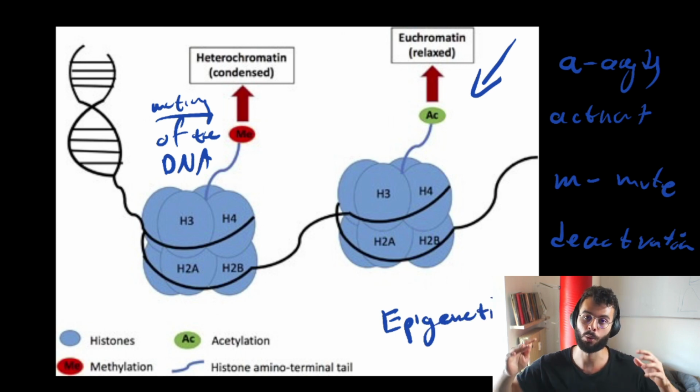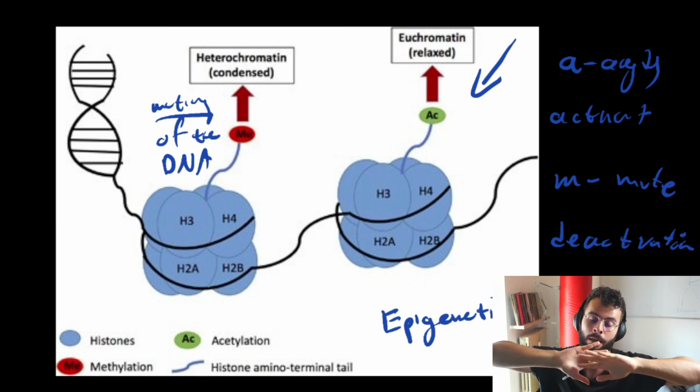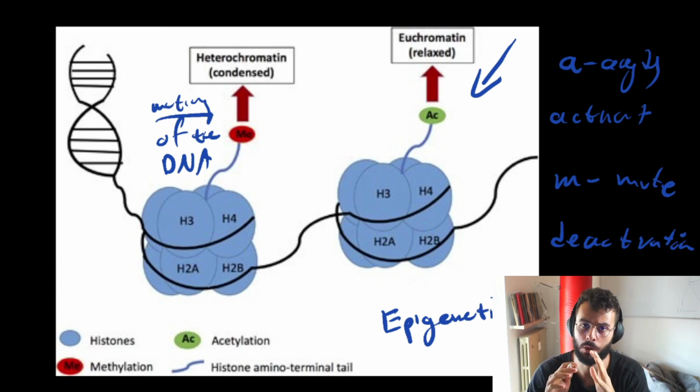Epigenetics is where you cause a change of things around the DNA that eventually cause a different set of proteins, but we don't have any change in the sequence of DNA. And this was just a brief introduction to epigenetics and the chemical modifications we make to the histones or the DNA itself in order to cause either activation or muting of the transcription of the different segments of the DNA.